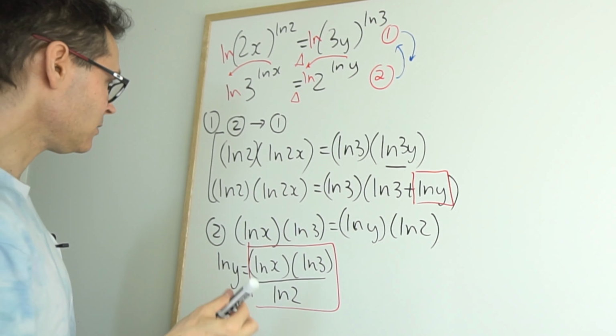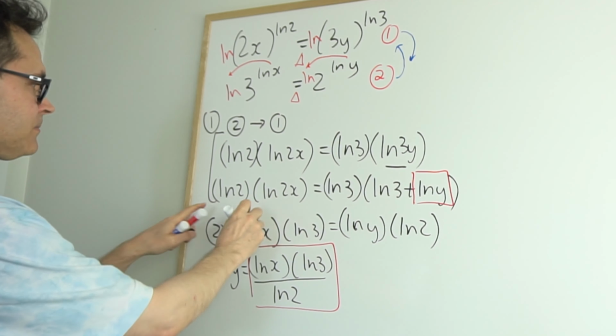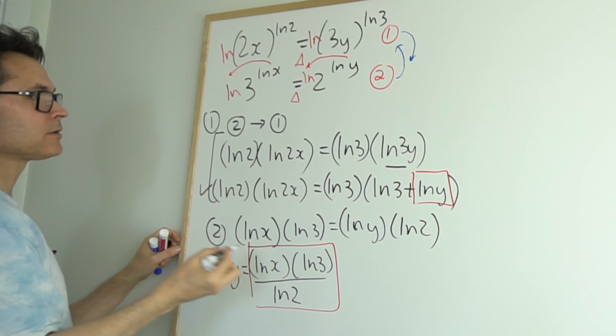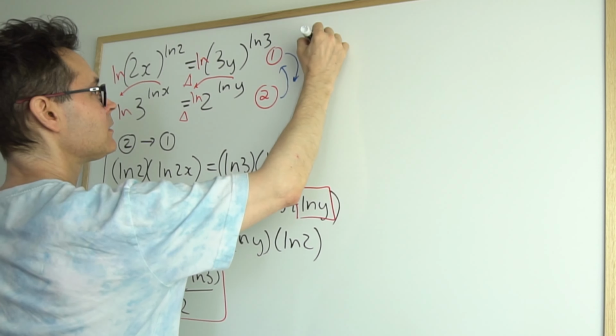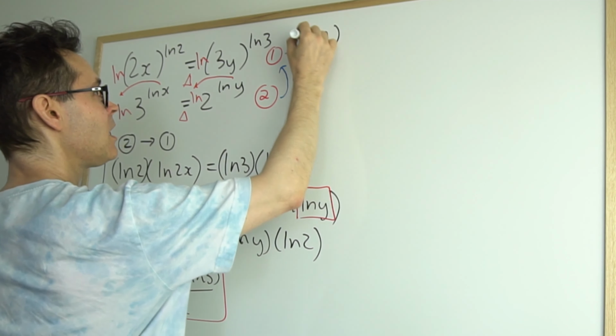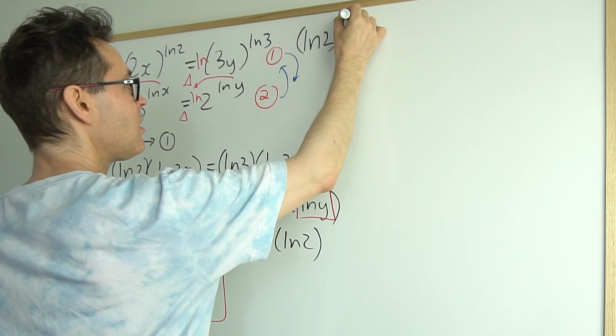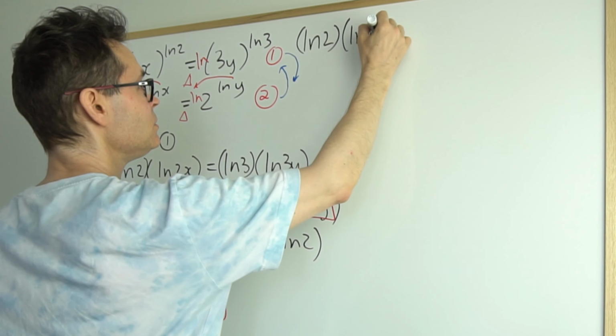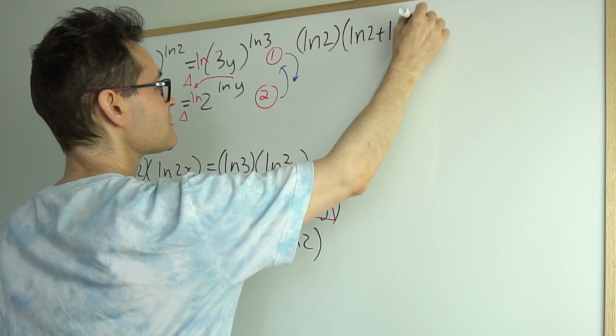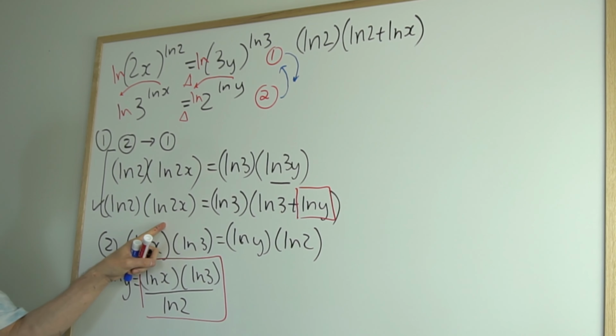Okay, so let me do that over here. So I'm going to pick up from here. So I've got the ln of 2 times, here I'm going to do a bit of expanding. So I'm going to call that ln 2 plus ln x, just using the product law.